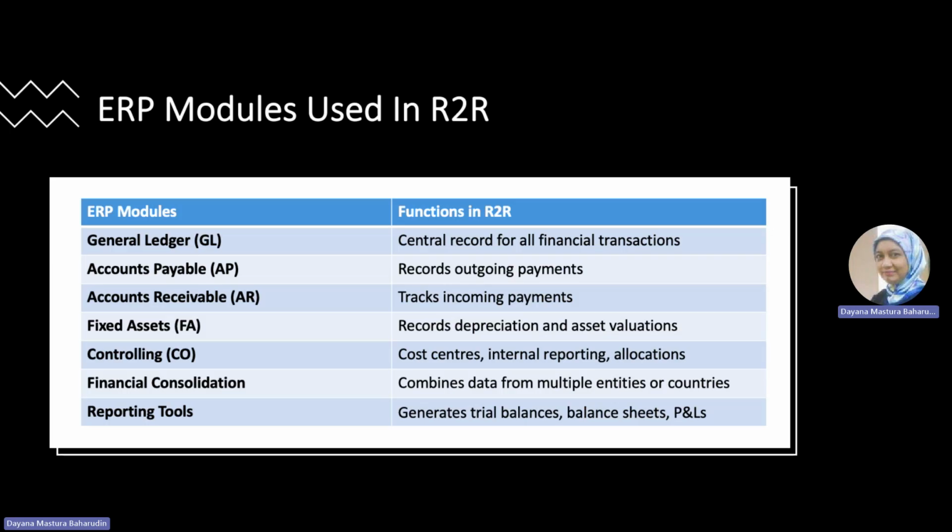Fixed assets fall under R2R, solely R2R, general ledger as well, R2R. Fixed assets record depreciation and asset valuations. Controlling covers cost centers, internal reporting and allocations, all R2R. Financial consolidation is within R2R as well, combining data from multiple entities or countries. And the reporting tools, generating trial balance sheets and all that, are all within R2R.